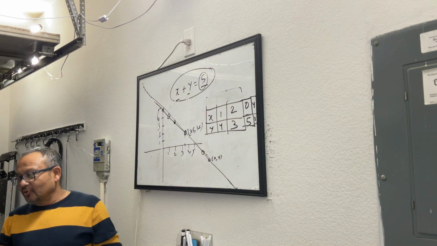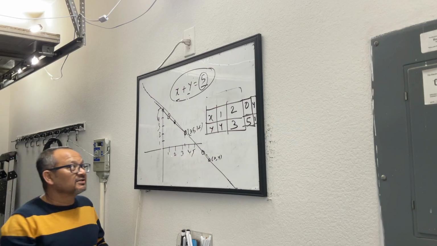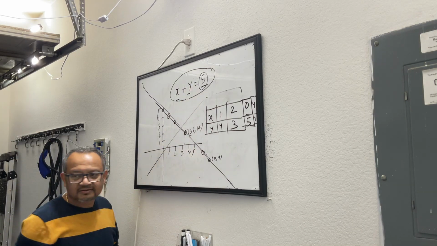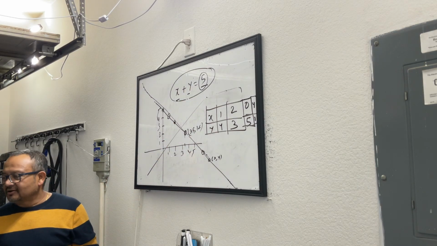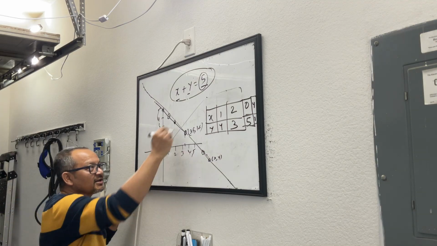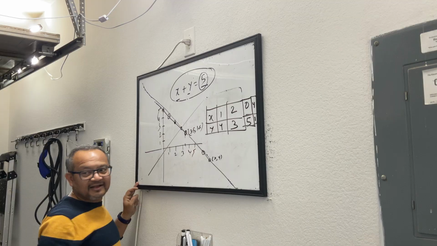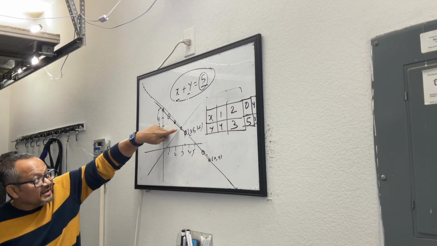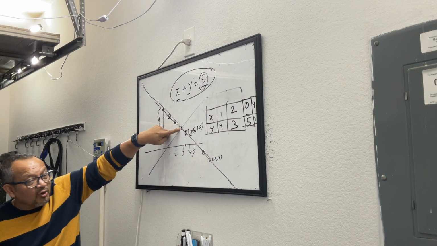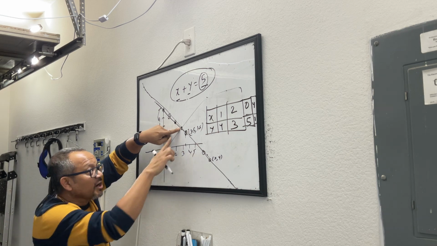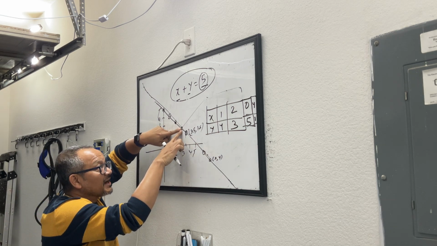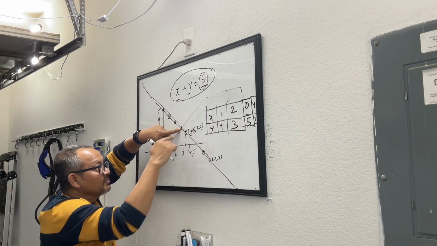Now, what I meant by that question was, I drew another line and both the lines meet at this point. Not the middle point, both the lines are meeting at one point which has an x and y value in the coordinate plane.